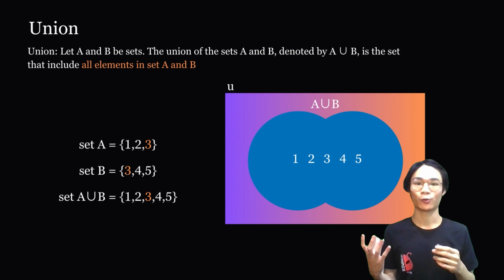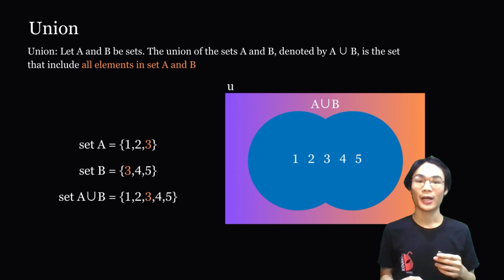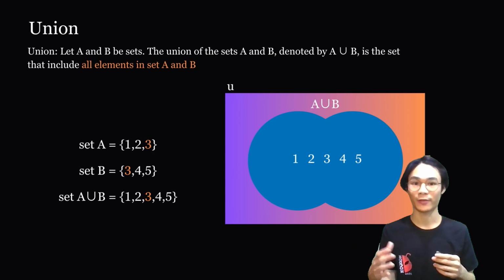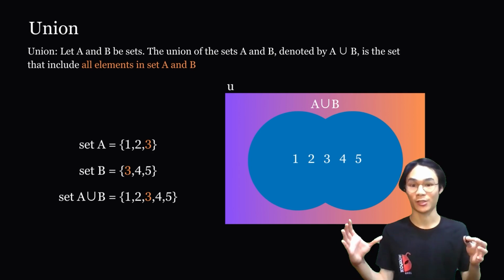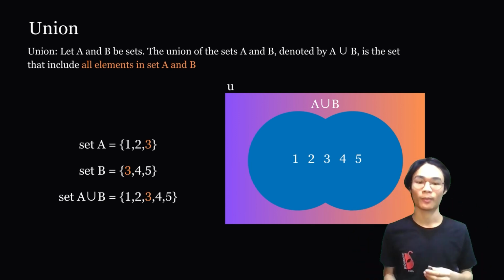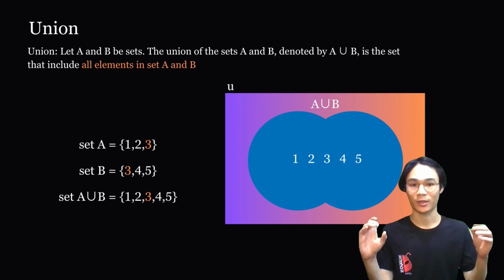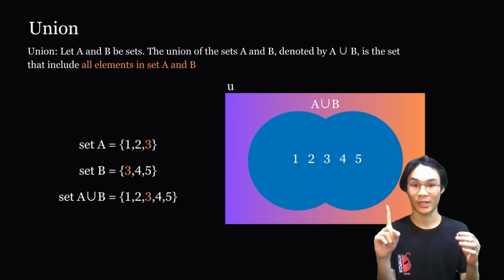A union B is denoted by the symbol A, capital U, which stands for union, and B. The answer is going to be a set that includes 1, 2, 3, 4, and 5, which is the elements of A combined with the elements in set B. And be careful that if there are same elements in set A and set B, we only return them one time.